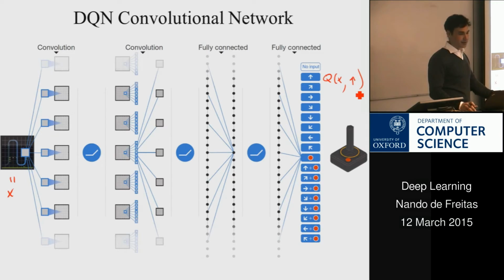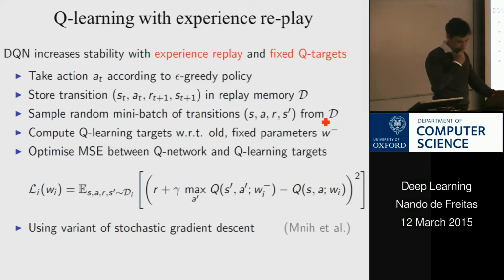And then if you want to pick the best action, you just pick the action which has the highest Q value. And that's how you choose how to move this guy. And the algorithm essentially is what we just went over. You take an action according to some epsilon greedy policy. The assumption is you start in state ST. So you've taken action AT, you are in state ST.